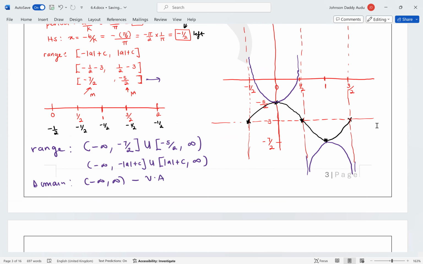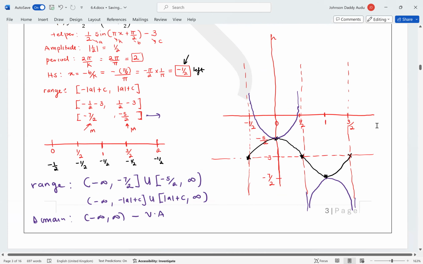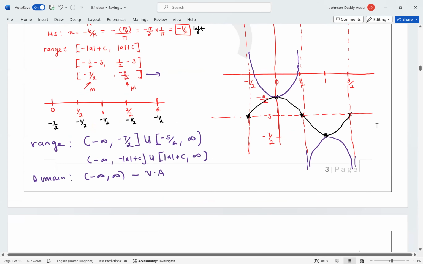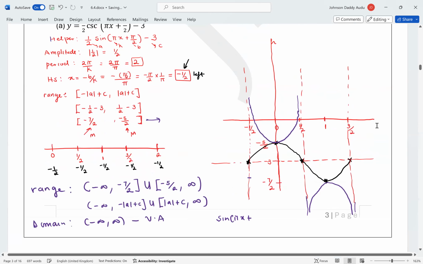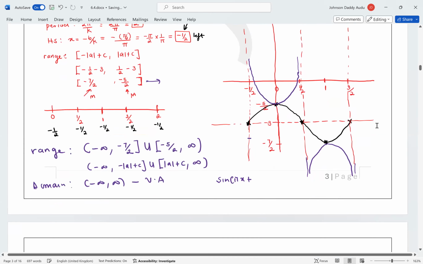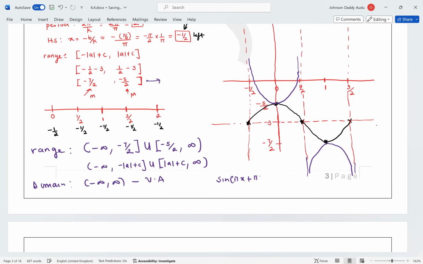And what are the vertical asymptotes? The vertical asymptotes in general are simply the zeros of sine. So it means you have to let sine of pi x plus pi over 2 be equal to 0. These are the vertical asymptotes.